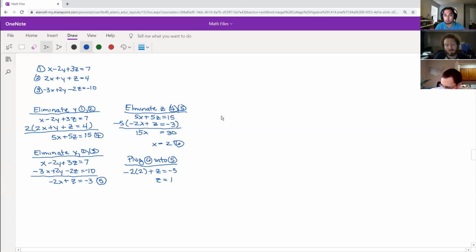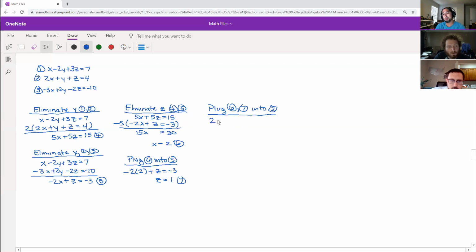All right, so then let's plug 6 and 7 into, which one of these looks the easiest? It doesn't really matter. Let's do 2. 2 looks the simplest. Fewest coefficients.